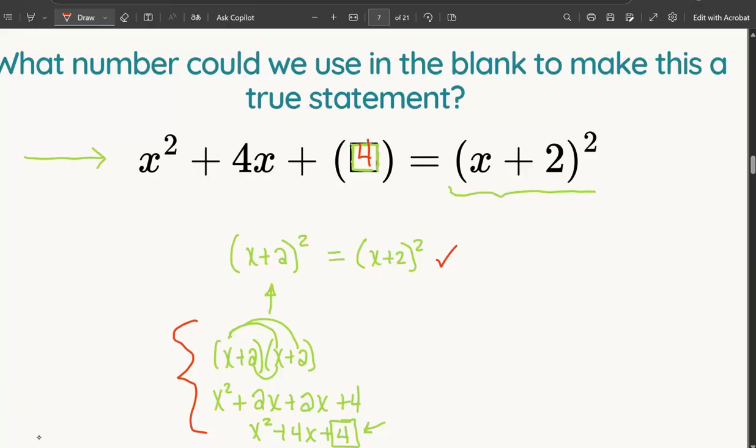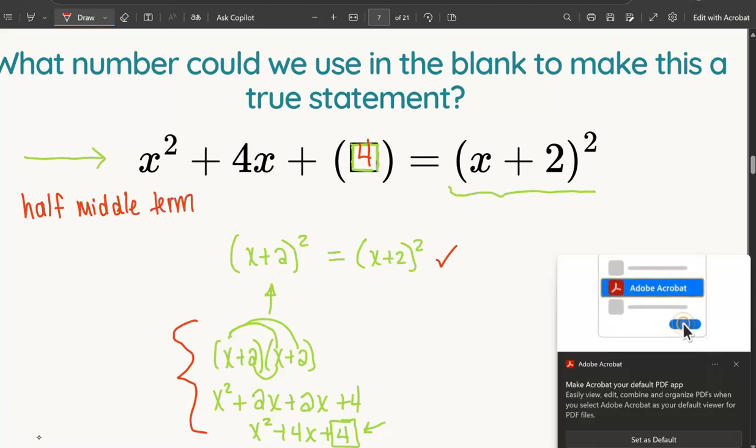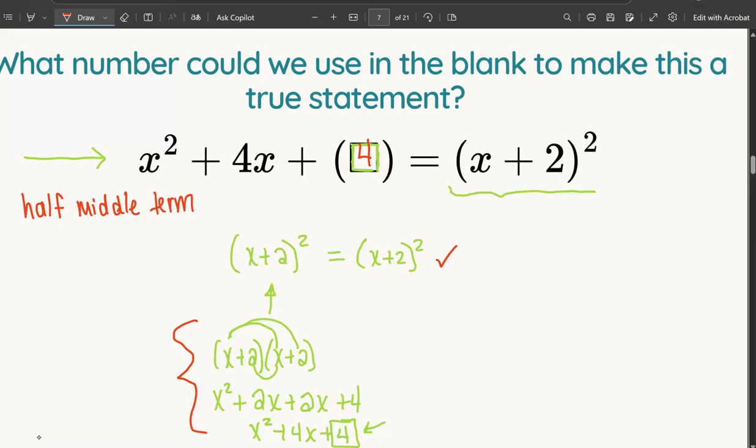We're going to take half the middle term and square it. And that is the number that's going to go right there.